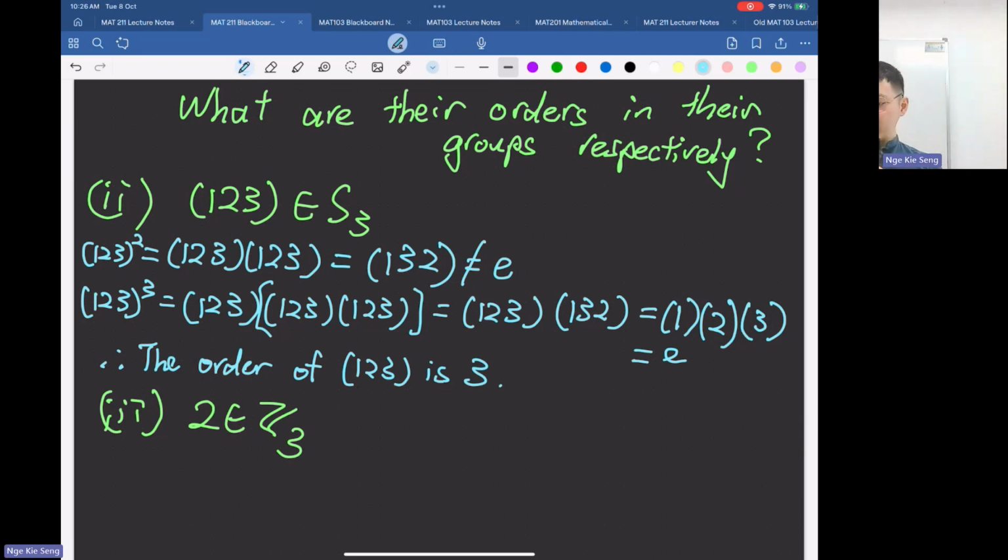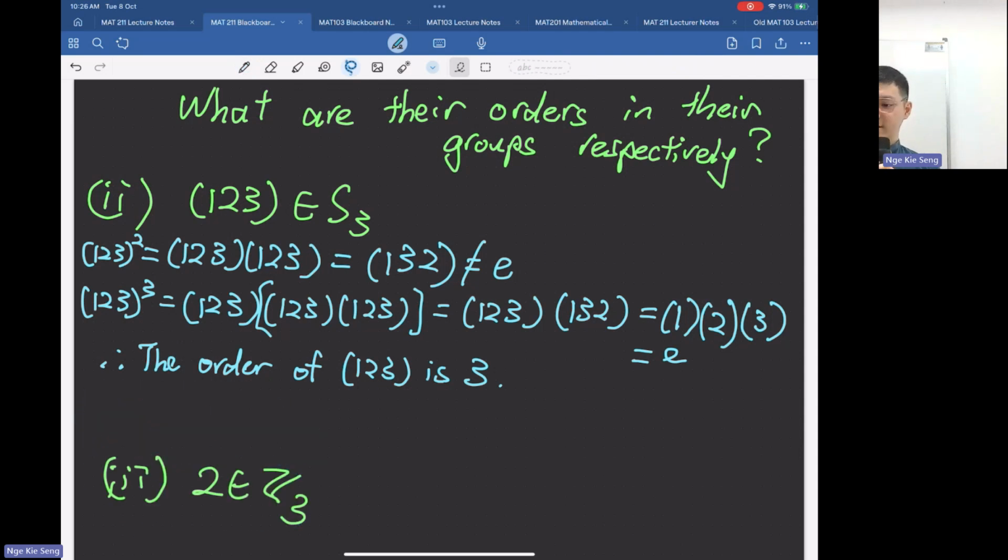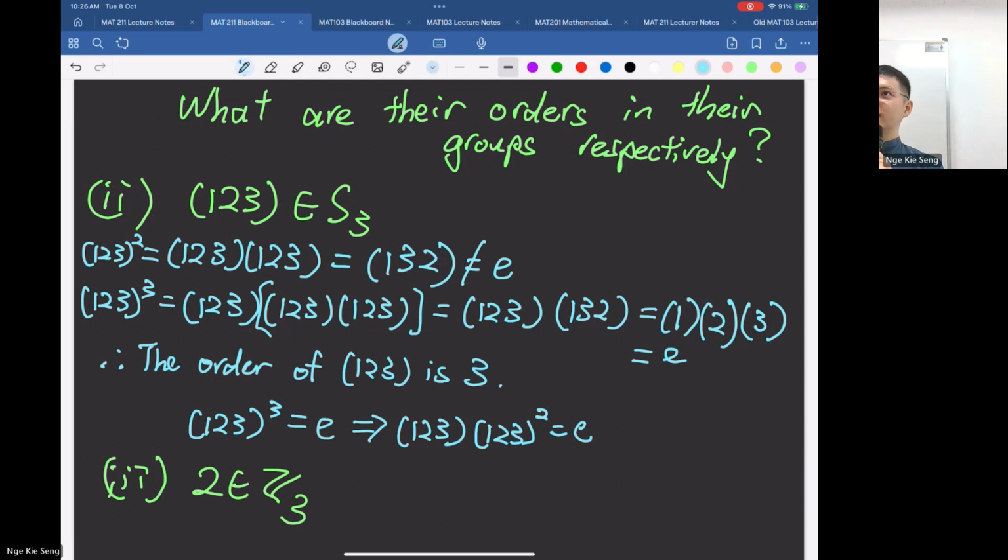I add on a question. If this order is 3, what's the inverse? If you have (1 2 3) to the power 3 is identity, what's the inverse of (1 2 3)? Can you split (1 2 3) to the power 3 into (1 2 3) times (1 2 3) to the power 2, equals e? Is it clearer? The inverse of (1 2 3) is just (1 2 3) to the power 2.